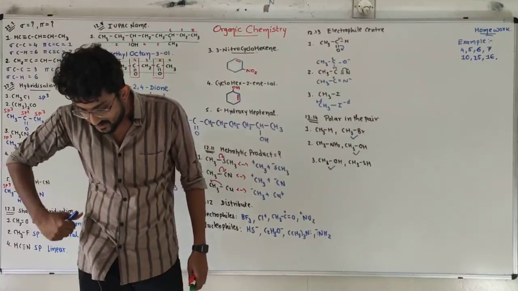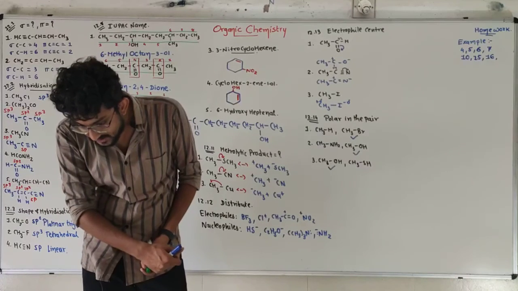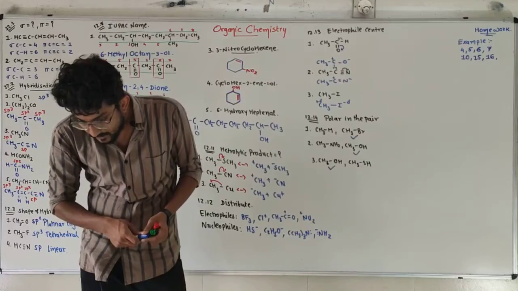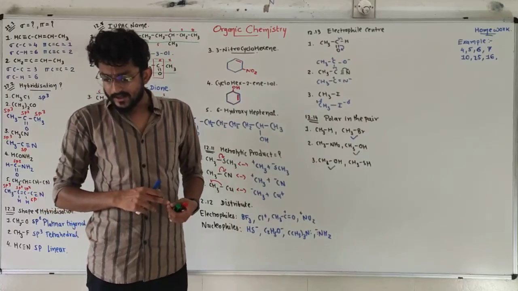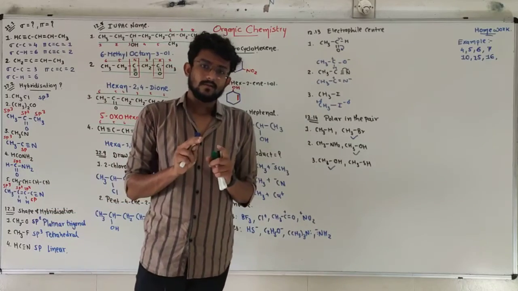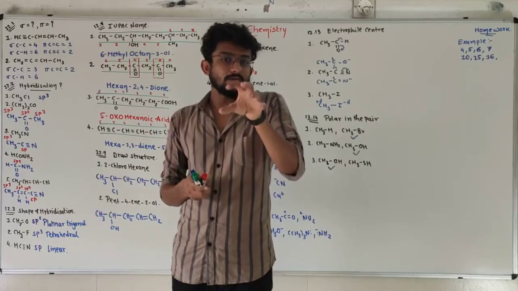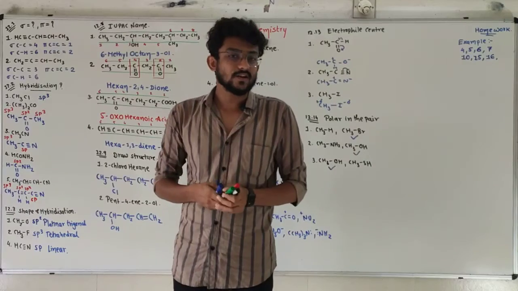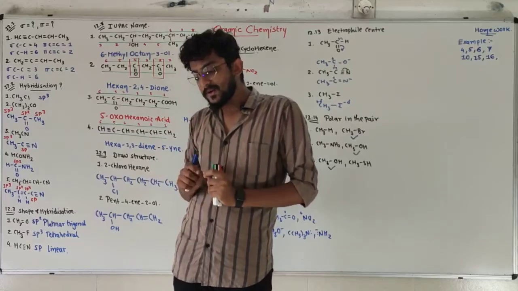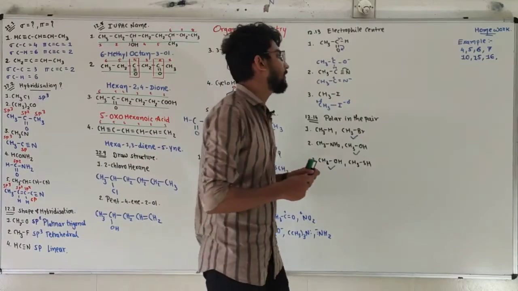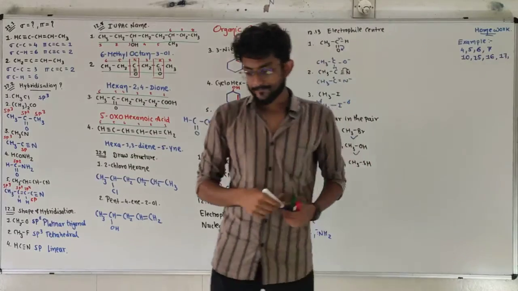In the 17th question, write the resonance structure of CH2 double bond CH single bond CHO and indicate the relative stability of the structures. I told you some rules for the stability of resonance structures. Certain rules will be applied in this particular sum and you have to follow them. That's why example number 17 will also be in the homework.